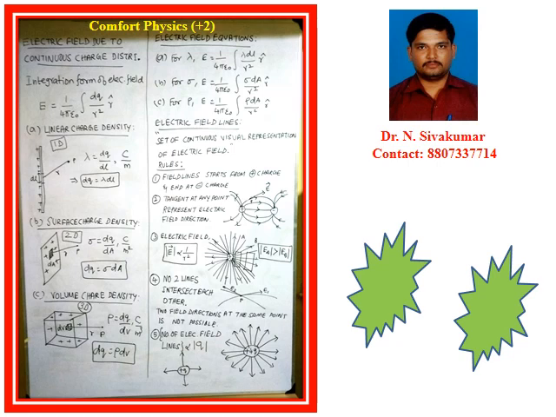But at position B, very few electric field lines will pass through the plane. Where the electric field lines are maximum, there the electric field will be maximum. So from this diagram it is understood that the electric field at position A is much greater when compared to the electric field at position B.